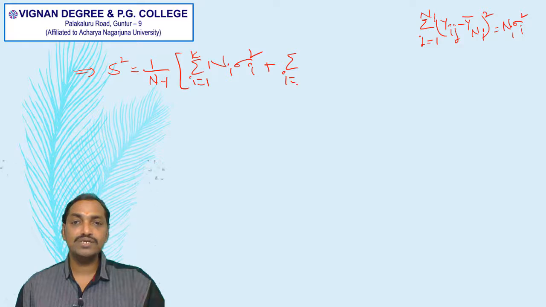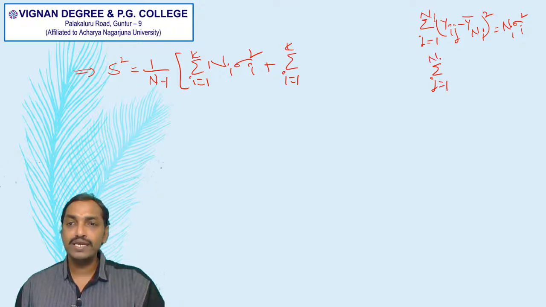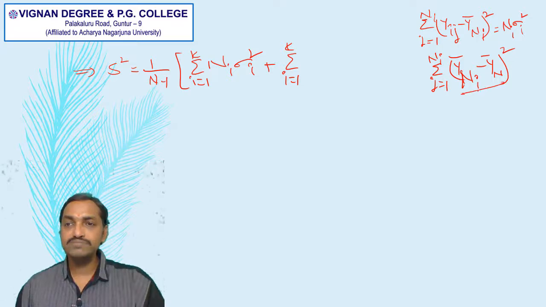summation i equal to 1 to k of the term summation j equal to 1 to Ni of Y N i bar minus Y N bar whole square. There is no j in this term, so we are adding the same constant capital Ni times.